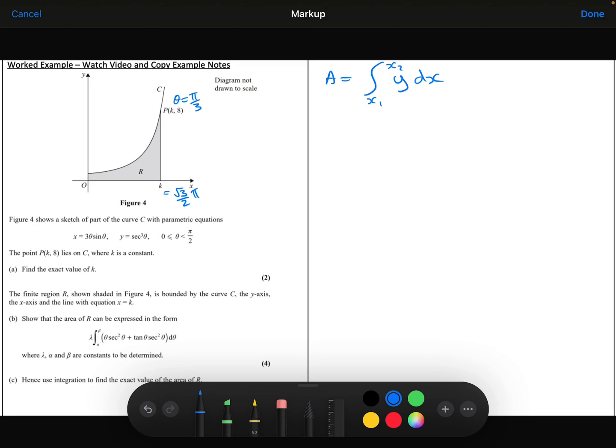In this case here, however, we have got parametric equations. So actually, I want to integrate y times dx by d theta with respect to d theta, except it should be theta here, not t, in fact. And my limit should be in terms of theta as well.